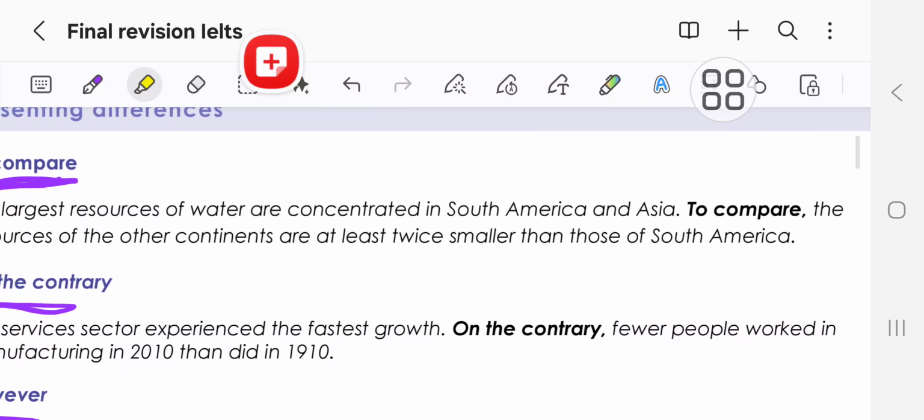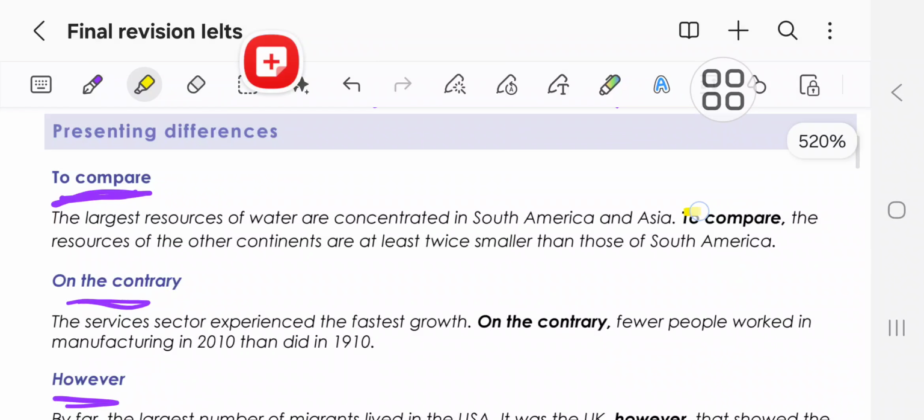To compare the resources of other countries, and how to use it, you have to put a full stop before and a comma after. When you are presenting the difference, to compare, the resources of other countries are at least twice smaller than those of South America. So that's how we are comparing the data, and we are giving that data also by seeing the chart, diagram, and whatever things.